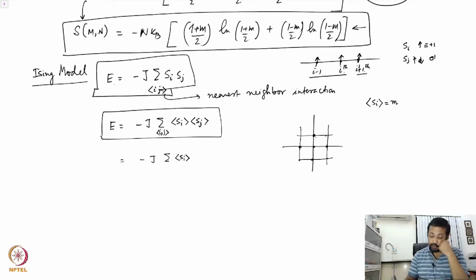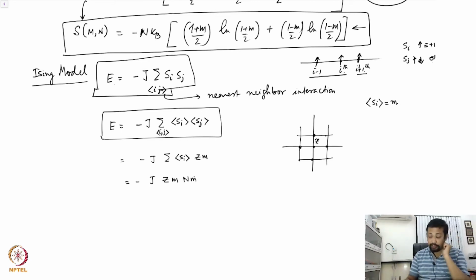It has 4, and we'll call this coordination number Z. So the ith spin is surrounded by Z number of spins, right? So therefore the sum over j gives me Z times m, and then I have minus J Z m. The sum over Si now is just N times m.